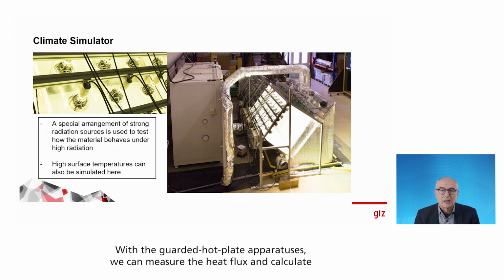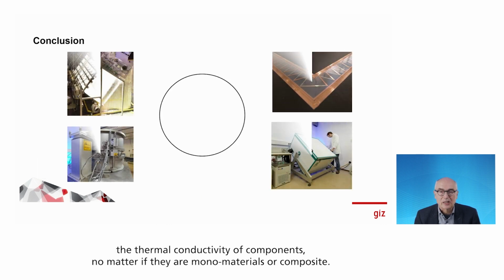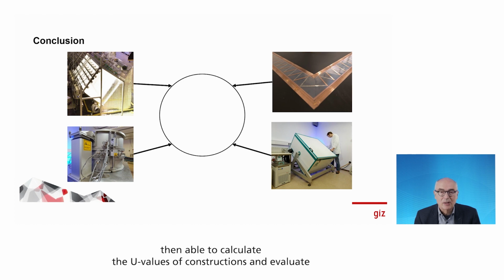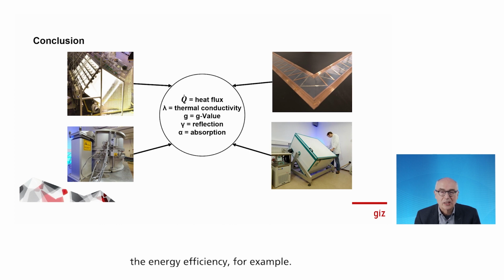With the guarded hot plate apparatus, we can measure the heat flux and calculate the thermal conductivity of components, no matter if they are mono materials or composite. With this knowledge, we are then able to calculate the U values of constructions and evaluate the energy efficiency, for example.